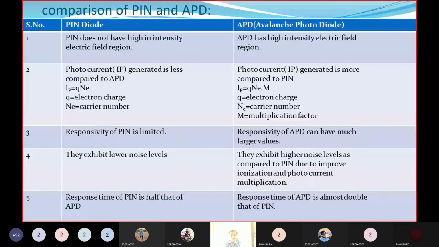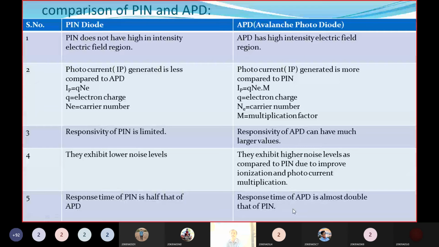One more point here: the response time of PIN is half that of the APD. In case of APD diode, the response time is almost double that of the PIN diode.